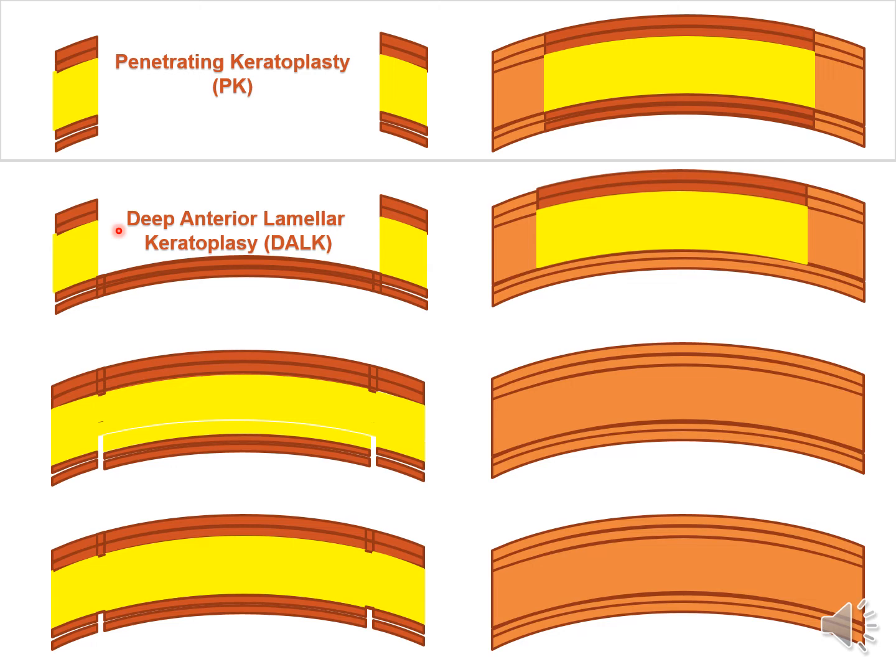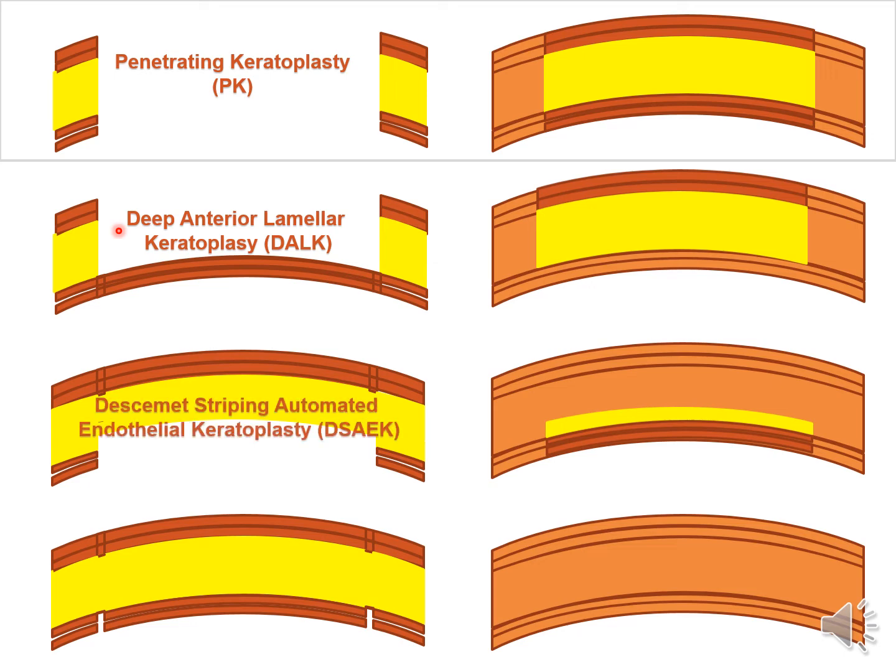In the next one, Descemet membrane and endothelium with some part of stroma is transplanted into the recipient, and this way of doing keratoplasty is called Descemet stripping automated endothelial keratoplasty, or DSAEK.